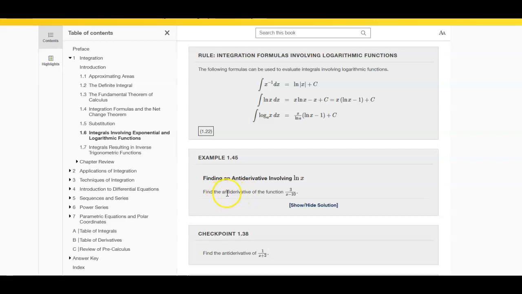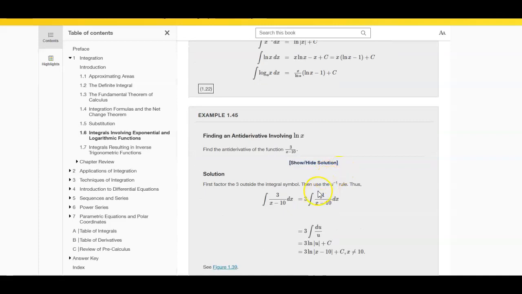So if I wanted to do something like find the antiderivative of 3 over x minus 10, well, this is going to be a log because it's of the form something over x. Now it's shifted a little bit, so what you're going to do is make u x minus 10.